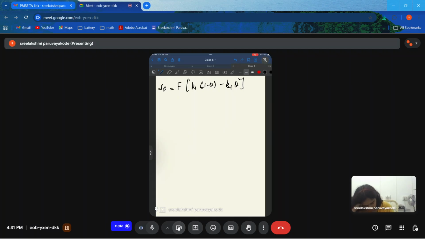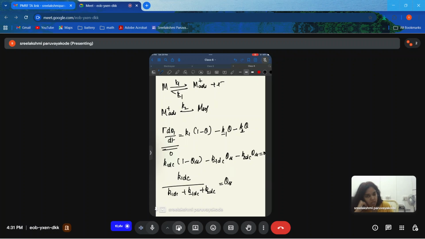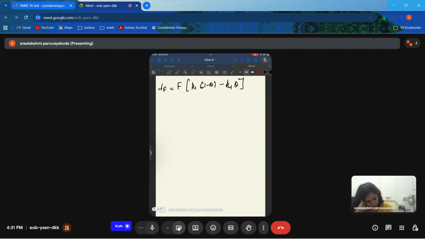Now your next step, in the same mechanism, is to find d theta by dE, or theta dash. So how to do that? You have to go to the mass balance. d theta 1 by dt is equal to j omega gamma theta dash.